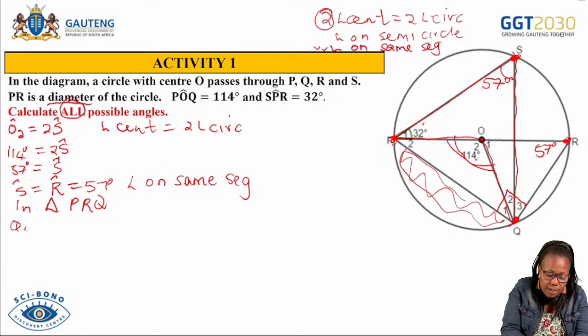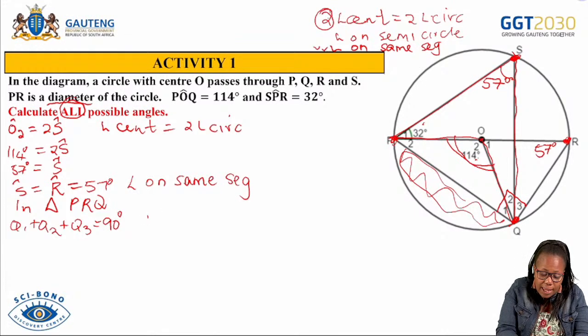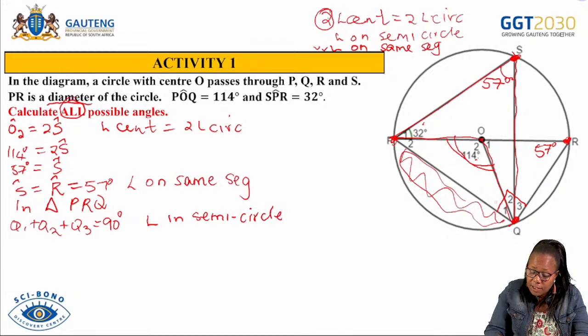Angle Q1 plus Q2 plus Q3 is equal to 90 degrees. What is making these three angles 90 is because they are angles in a semicircle, subtended by the diameter. Hence we have that 90 there, grade 12, because of the diameter.